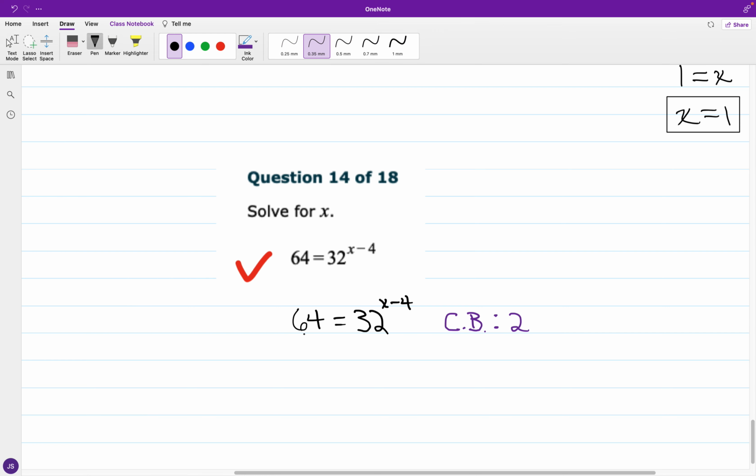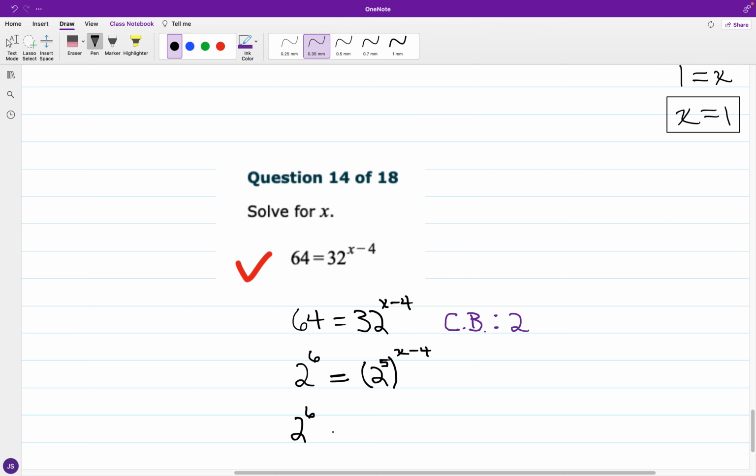If I rewrite 64 and 32 in terms of base 2, for 64, that would be 2 to the 6th. 32 is going to be 2 to the 5th. And 32 to the x minus 4 would be 2 to the 5th, raised to the x minus 4.